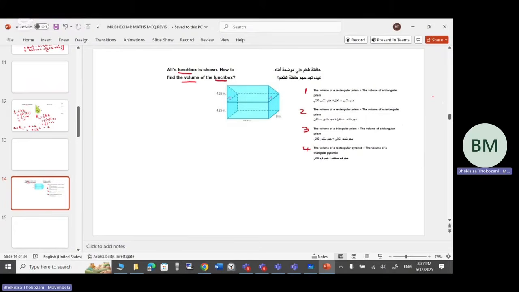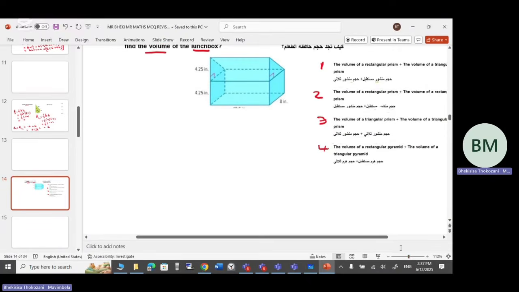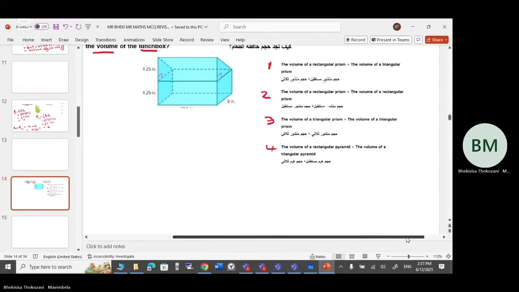Now, let's read the first statement. Let me try to zoom it in. Okay, I hope you can see. The first one says the volume of a rectangular prism, there's another key point, volume of a rectangular prism and a triangular prism.